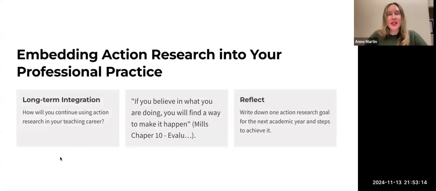Okay, so lastly, thinking about how you might embed this into your professional practice. I would love to know what your future plans are for if and how you plan to include action research in your future practice after we finish the semester.